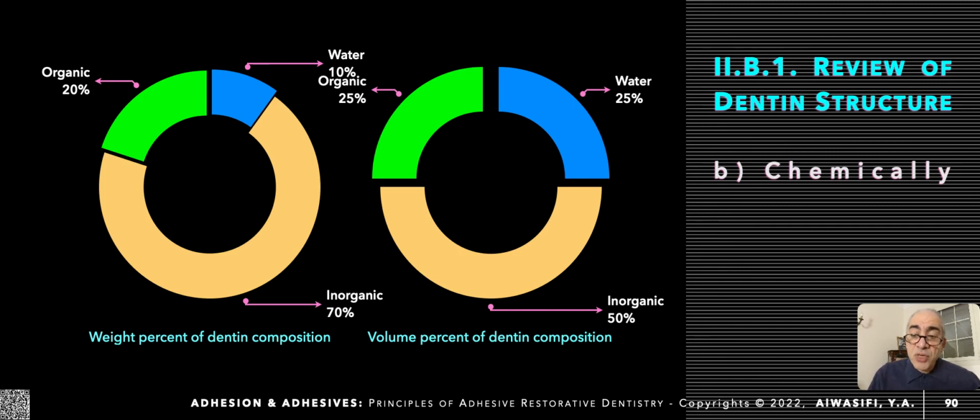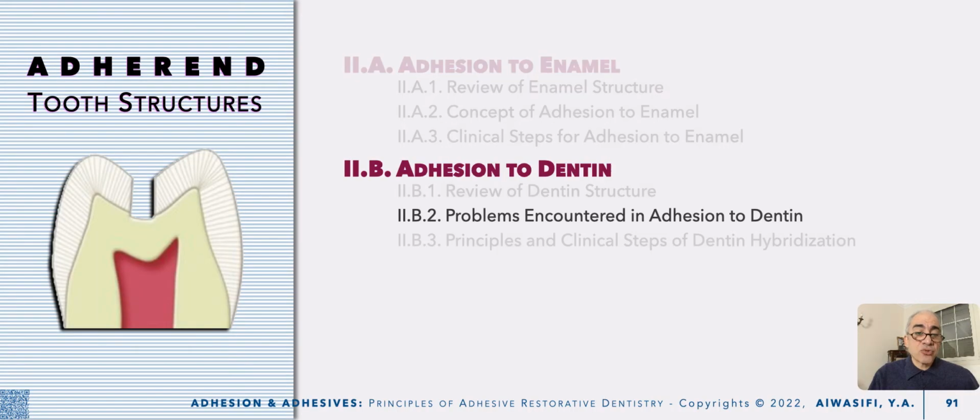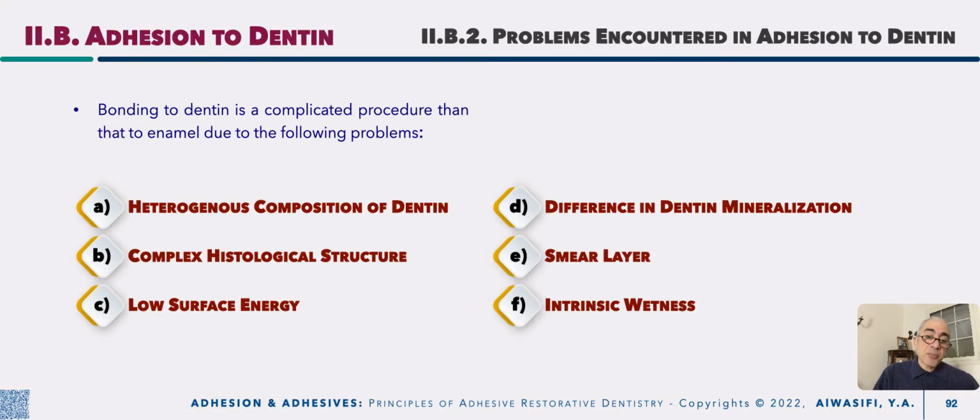That's why, when we consider adhesion to dentin, there are 6 problems that should be taken into consideration when you are designing a concept to bond with dentin. Five of them are related to its structure, and 1 is related to the procedure of cavity preparation.